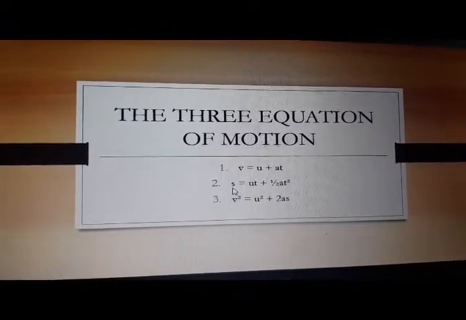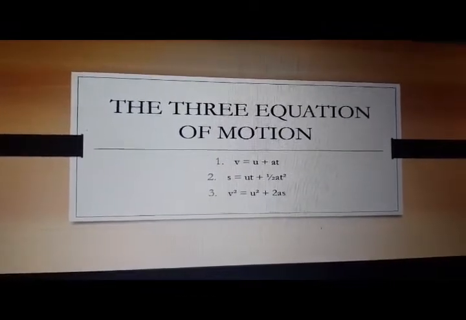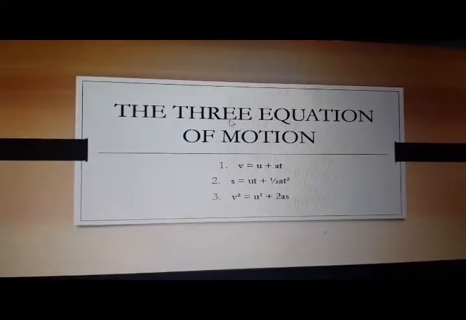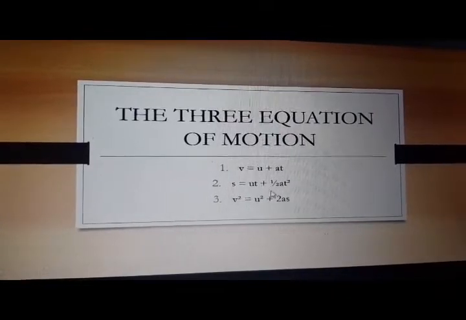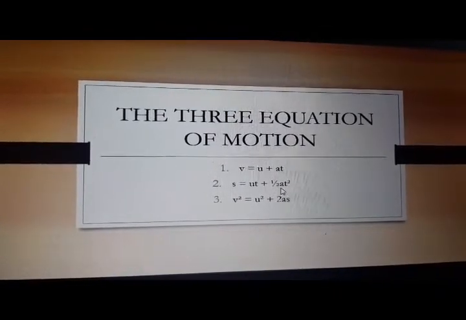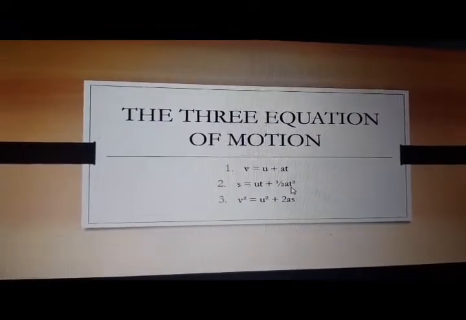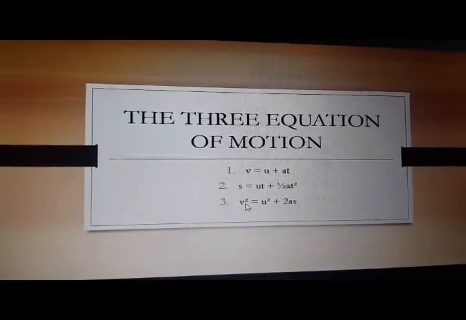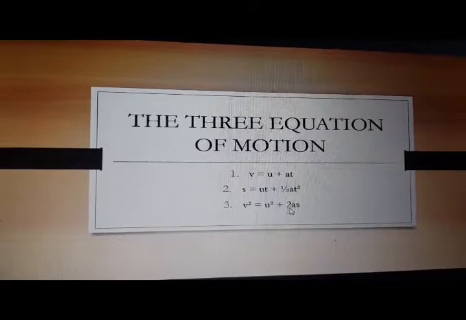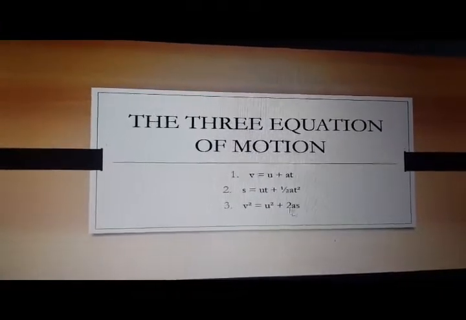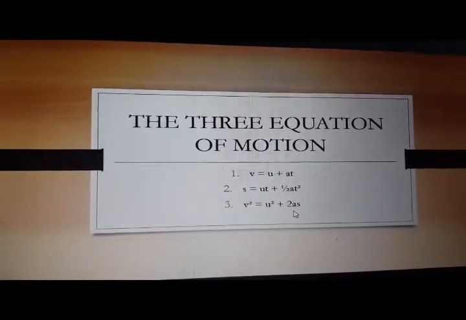Our second formula: displacement s equals ut plus 1/2 at squared, where a is acceleration and t squared is time squared. The third is v squared equals u squared plus 2as, where s represents displacement or distance and a is acceleration.